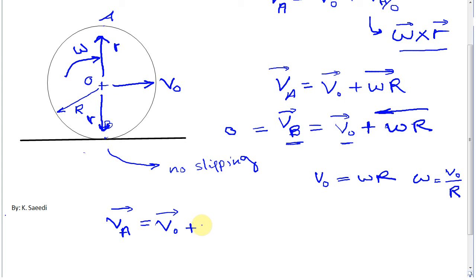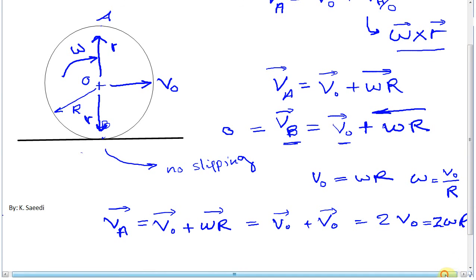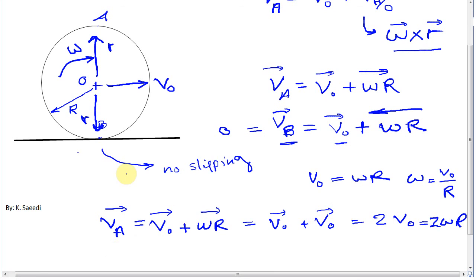So I can write omega R to the right, but omega is VO over R, so it will be VO to the right plus another VO to the right, so it's 2VO or 2 omega times R. Now we have the velocity of point A, which is twice the velocity of point O, and I know that the velocity of point B is 0.